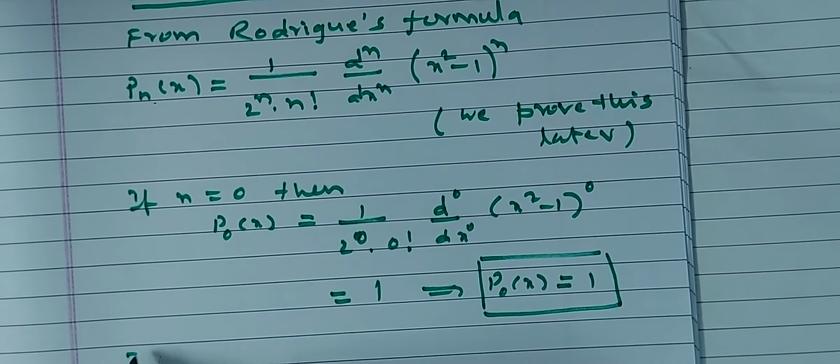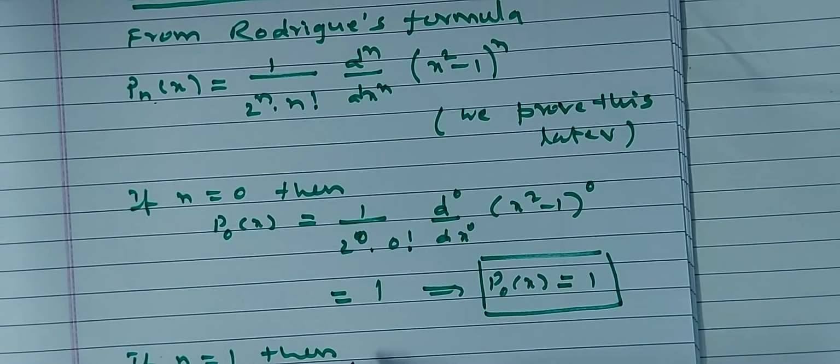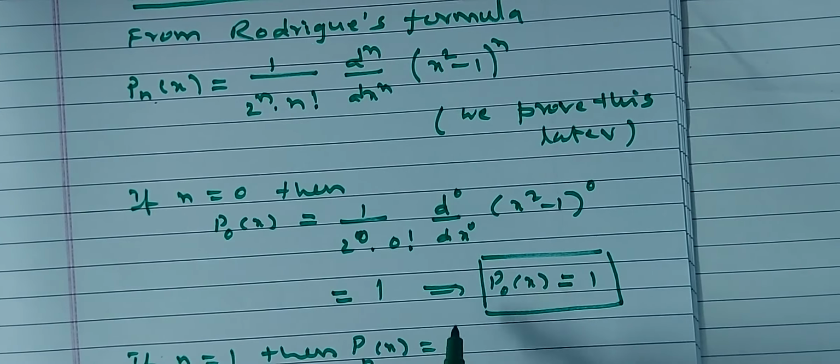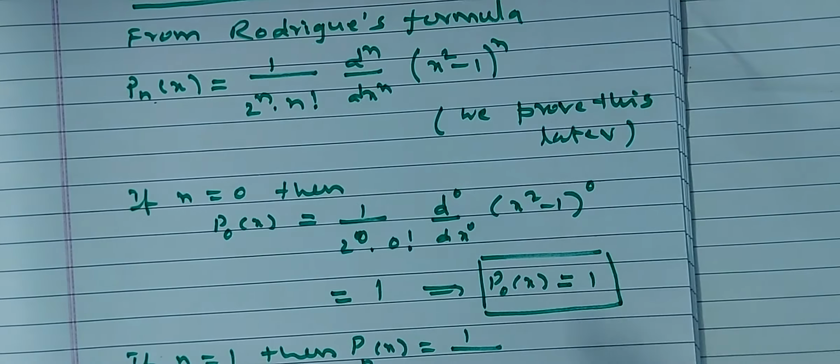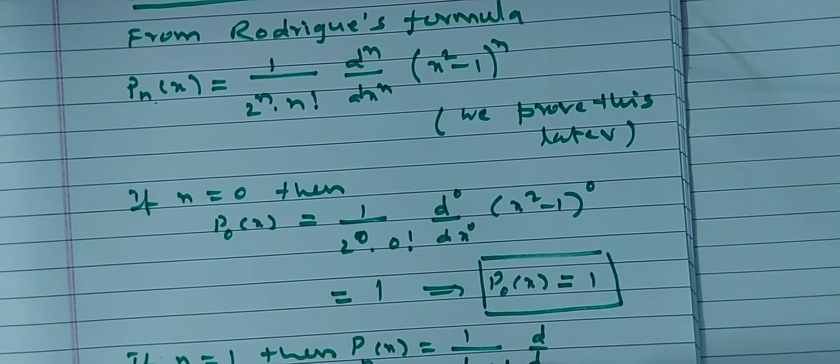Next, if n is equal to 1, then Pn of x is equal to 1 divided by 2 power 1 into 1 factorial into d by dx of (x square minus 1) whole power 1, which is equal to 1 by 2 into 2x, which is x.